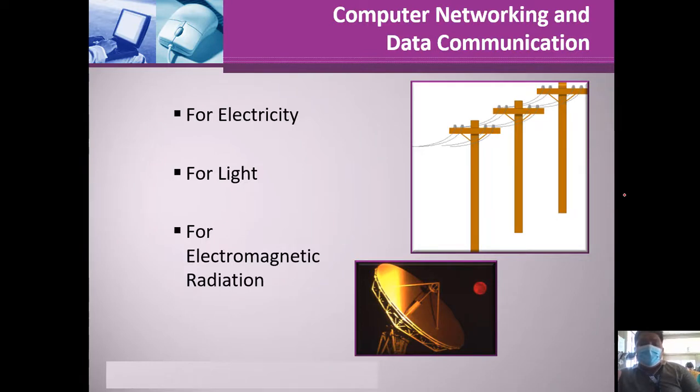Because some companies are using networks to control a system remotely, to control the hardware remotely. So using internet connection or any medium, we can actually manipulate machine language using network. Okay, and then for electromagnetic radiation, of course.